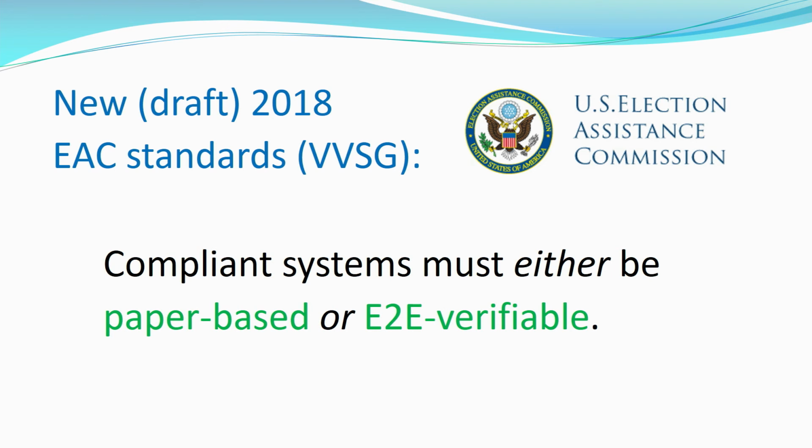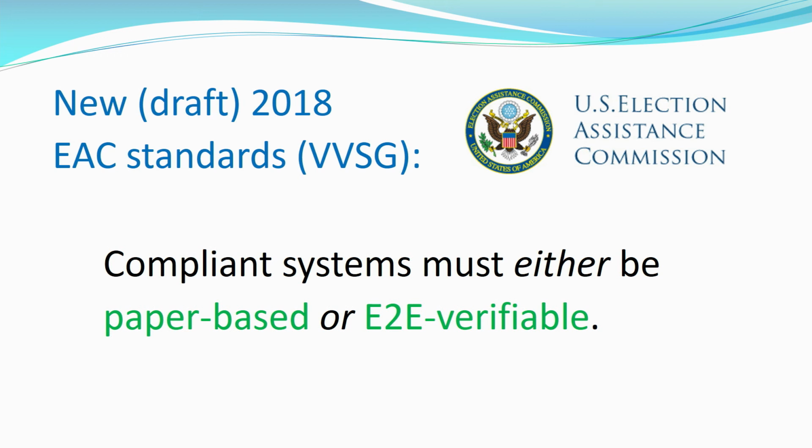The new VVSG, the guidelines that NIST is developing for the EAC, talk about end-to-end verifiability because of a compromise that was struck a few years ago in Silver Spring, Maryland. The EAC basically brought together election security advocates who've been saying we need paper, and election accessibility advocates who have been saying paper is no good for blind voters. It's a non-starter there.